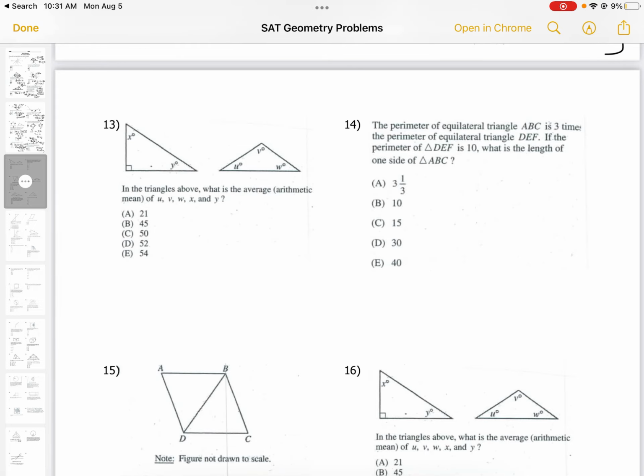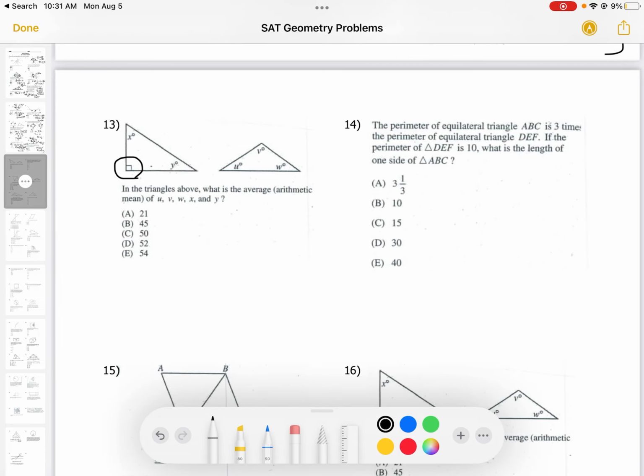Now this, they tell us that this is a right angle, which means what? X plus Y equals 90 degrees. Right. And U, V, W are all angles of a triangle, so their sum, U plus V plus W, will be 180.